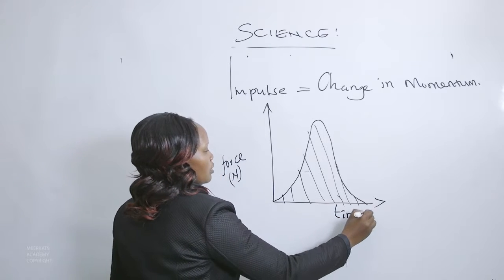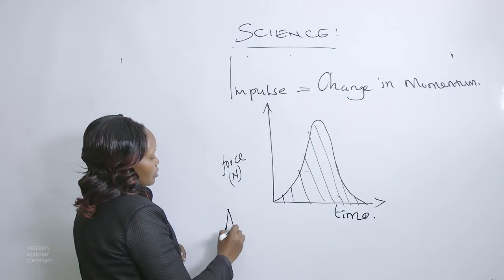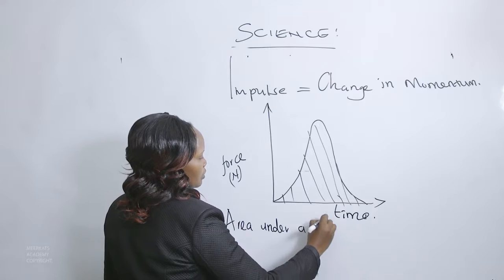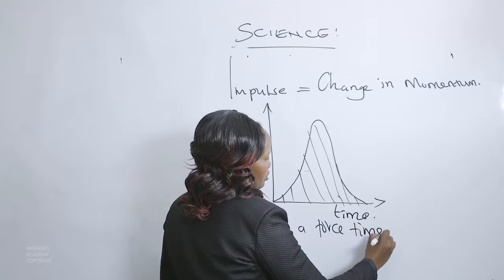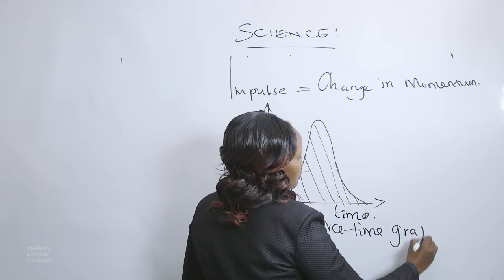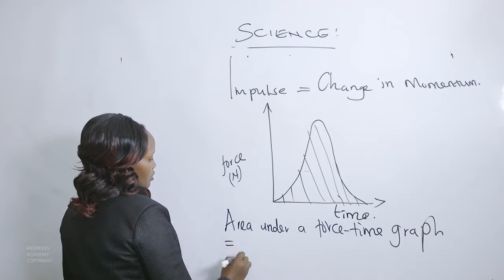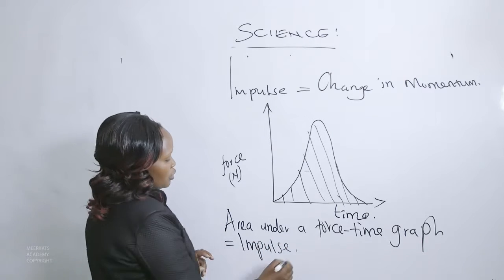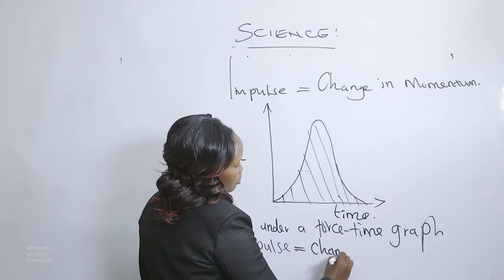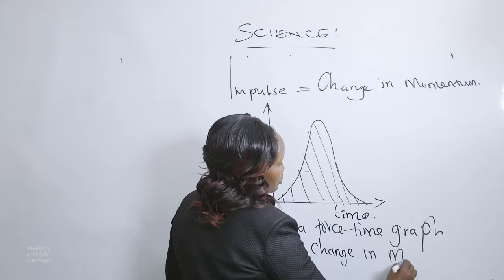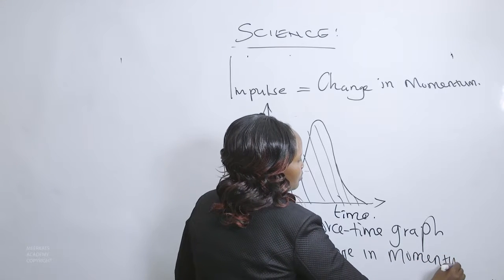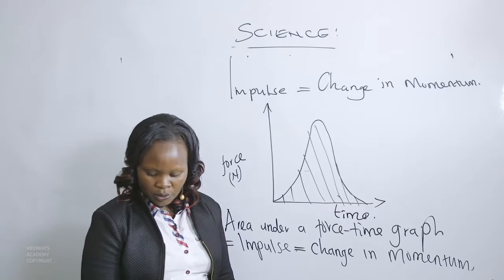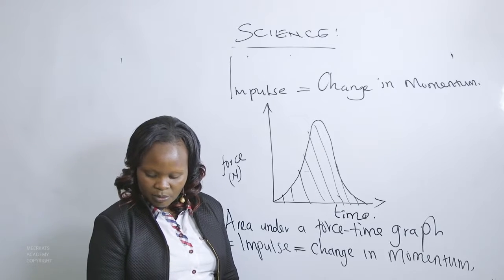So the area under a force-time graph equals the impulse, and you could also equate it to change in momentum.